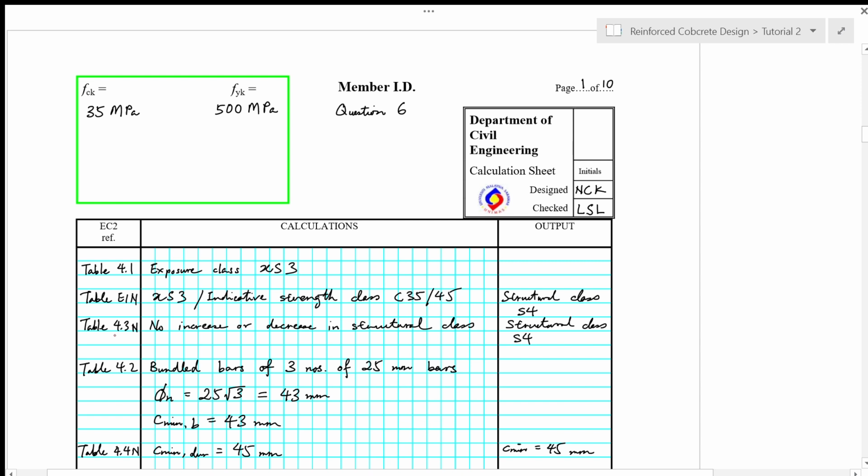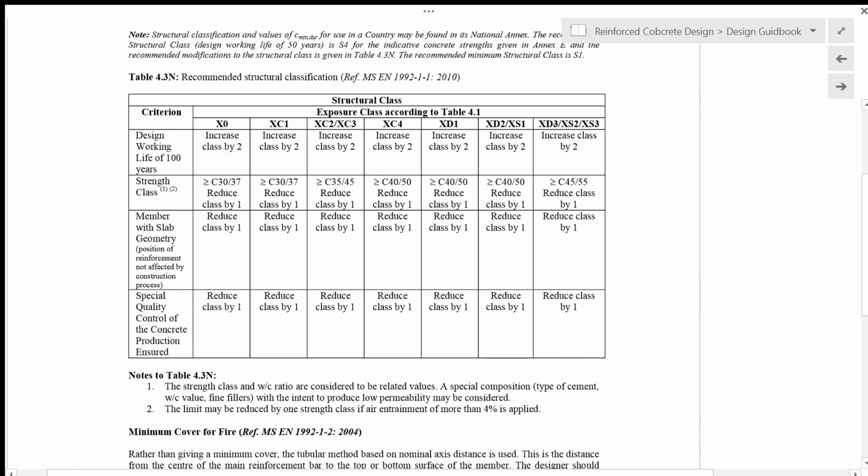And then we go to table 4.3N under exposure class XS3. So for design working life of 100 years, for a jetty we do not design for 100 years. It's just a normal structure, so we design for only 50 years.